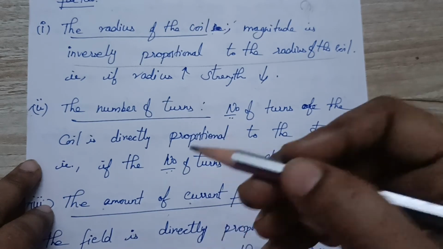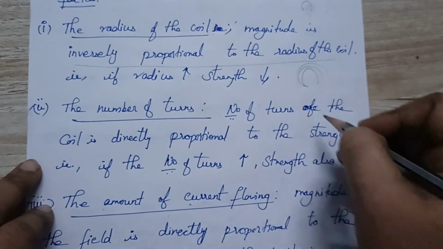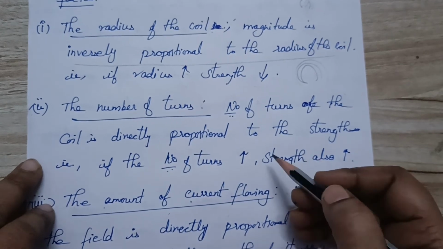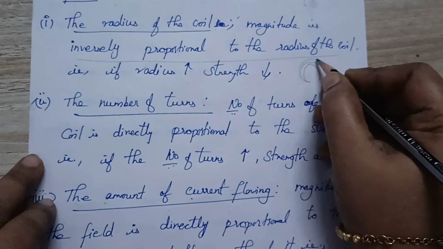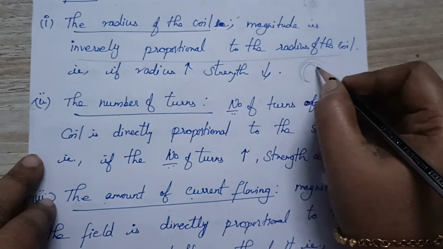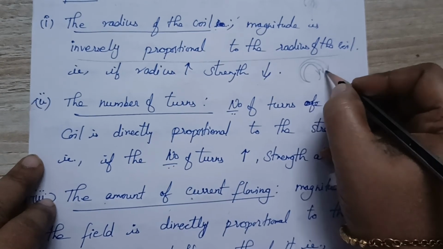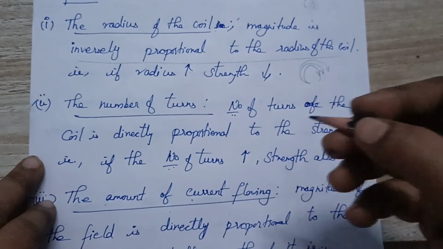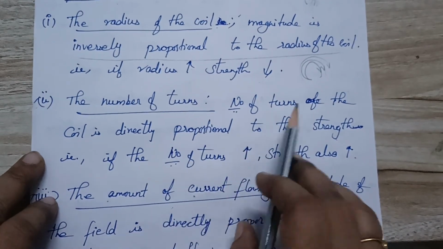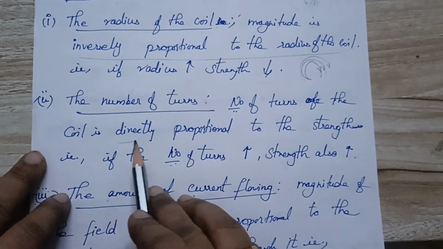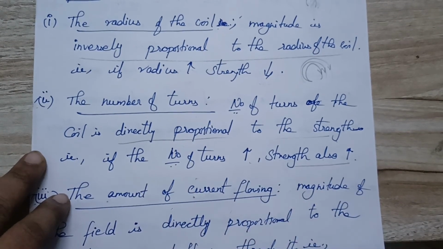If we increase the number of turns, the number of coils, then the strength is directly proportional to it, because the turns carry current in the same direction, so the fields add up and give more strength. The number of turns of the coil is directly proportional to the strength. If the number of turns increases, the strength will also increase.